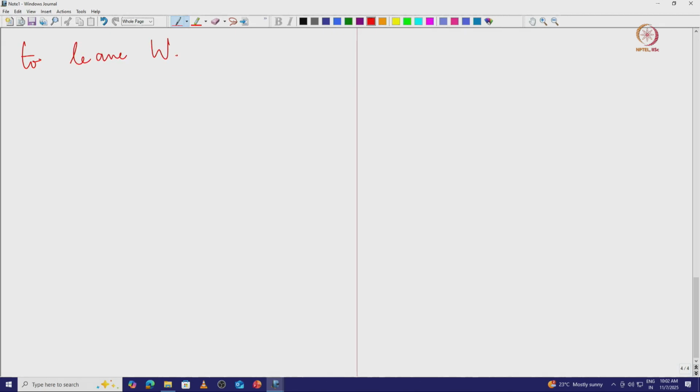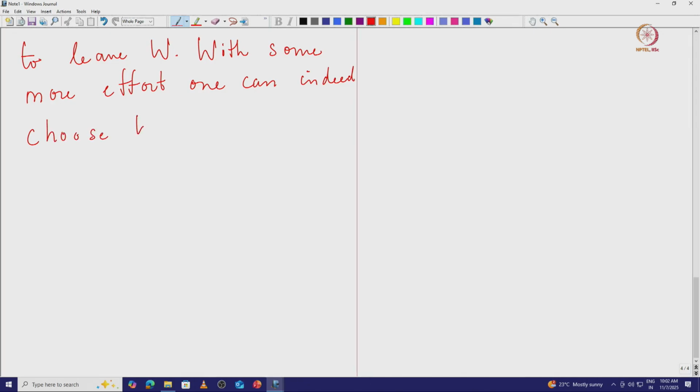Okay. In fact, with some more effort one can indeed choose W to be what is called convex, i.e. gamma will stay inside W, but for our purpose this is not needed.